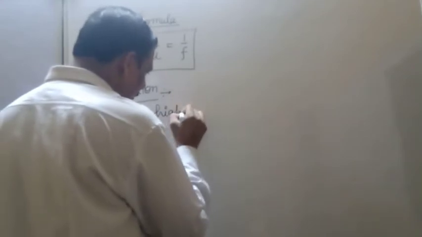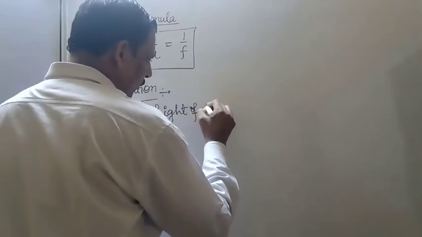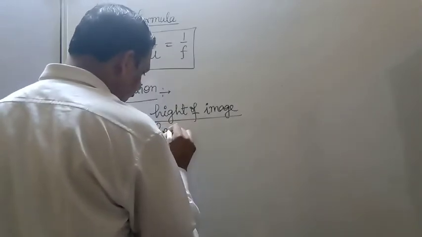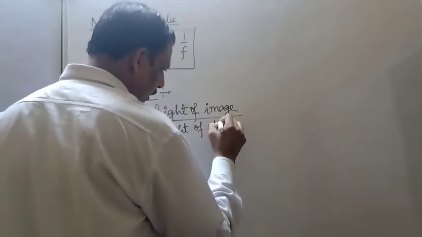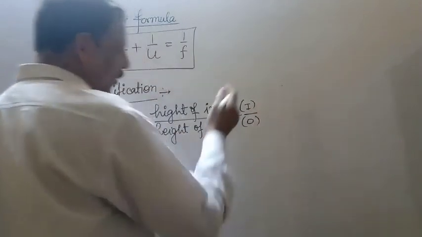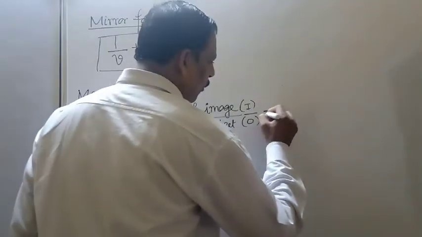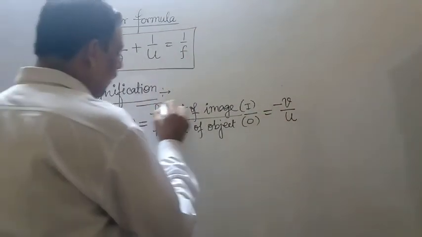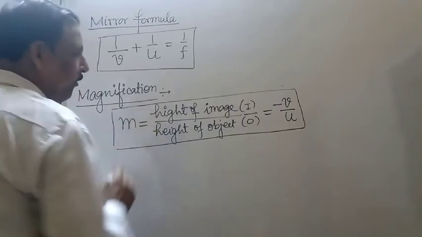We call it I upon O. This is also I upon O, and it is equal to minus v upon u. This is a formula you have to remember directly to know the magnification.